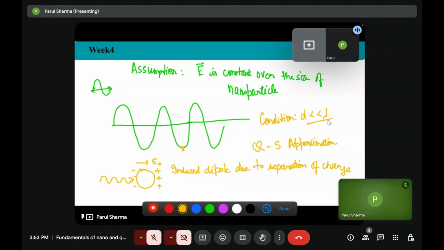Since we know that the electric field inside the nanoparticle is zero, therefore E incident and E induced will be equivalent.